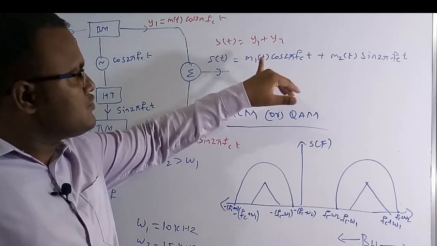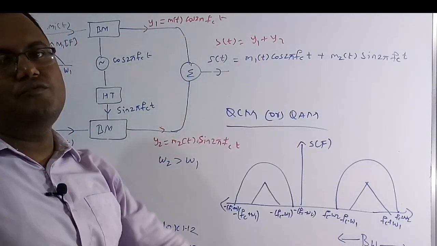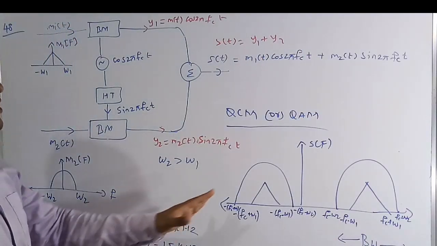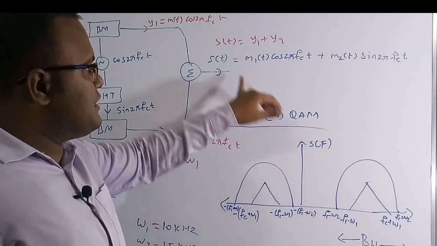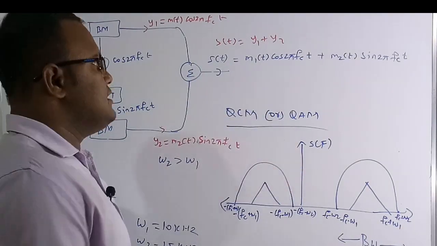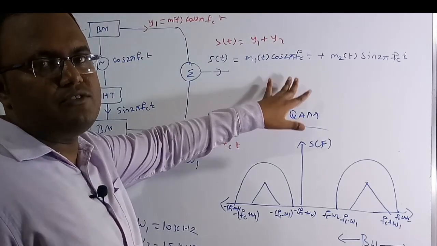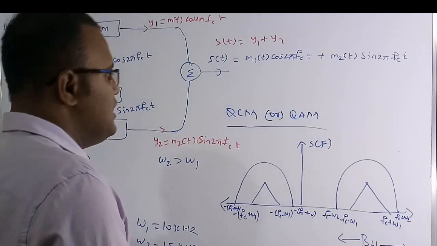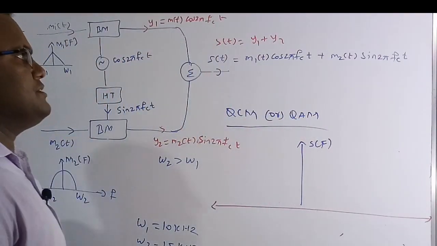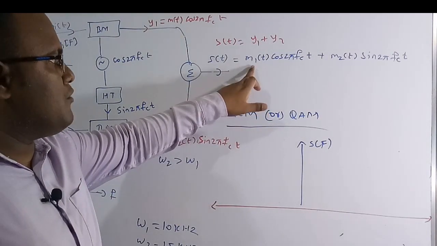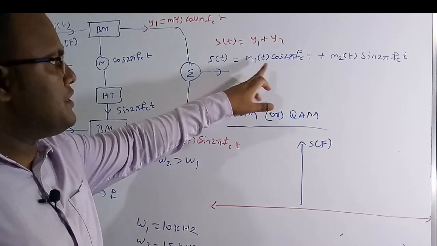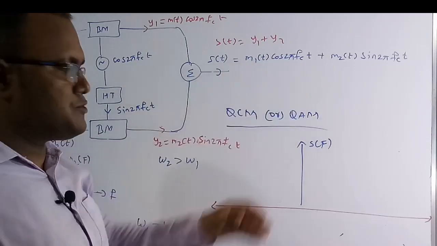For this S of t, we need to figure out the bandwidth. So we need to figure out S of f, the Fourier transform. A product in the time domain is nothing but convolution in the Fourier transform. Now I am drawing the shapes here. For m1 of t we need to do a shift by fc.